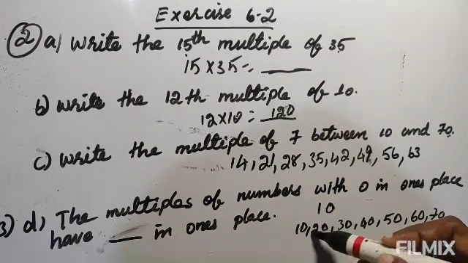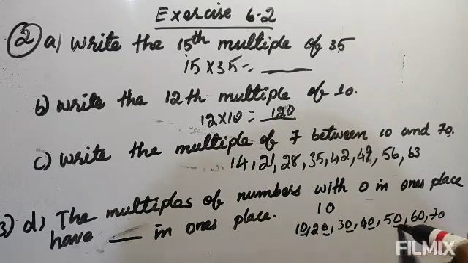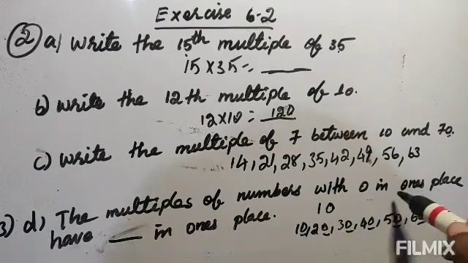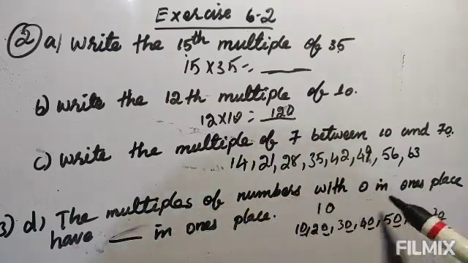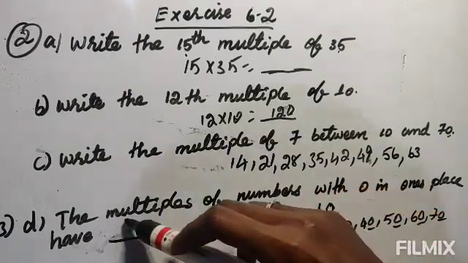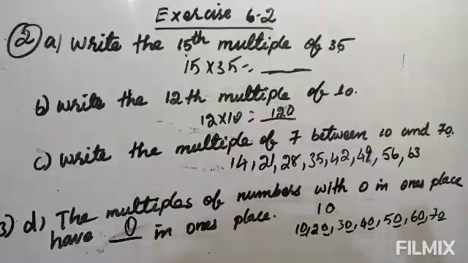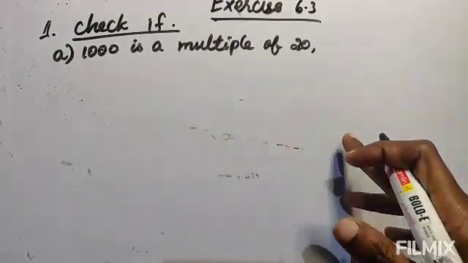In these multiples, see the number in ones place. It is 0. That is what they asked: the multiples of numbers with 0 in one's place have 0 in one's place. This is the answer. Now in exercise 6.3, check if 1000 is a multiple of 20.